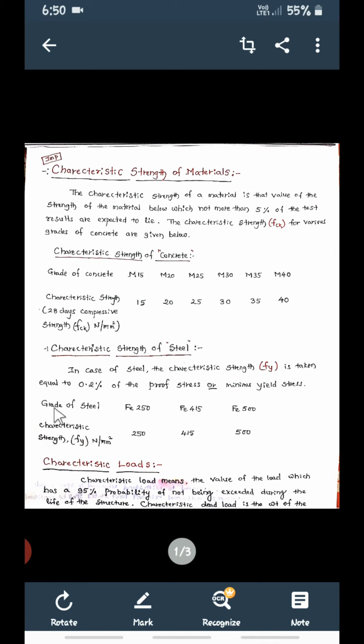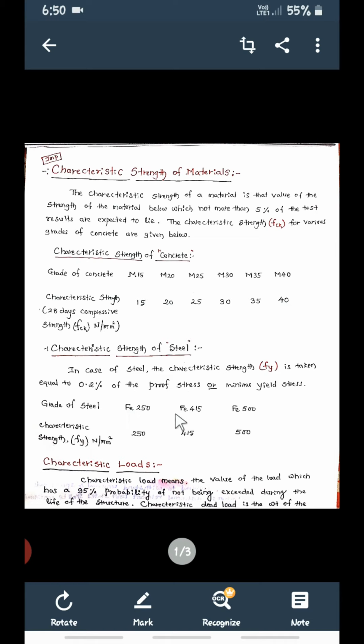Similarly, now see here, grades of steel. Suppose you want to put steel in RCC work, in columns, beams, footings, slabs, lintels, etc. Which grade? Different grades of steel are available in the market, just like different grades of concrete.